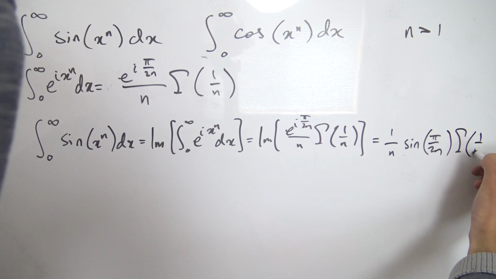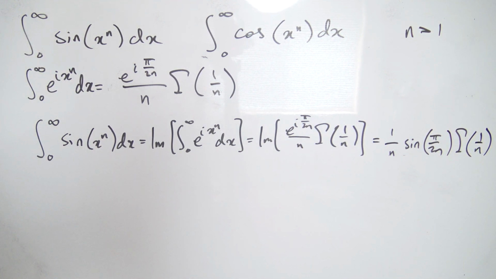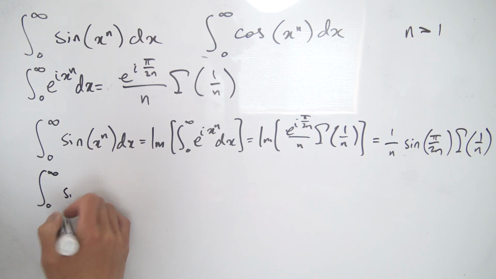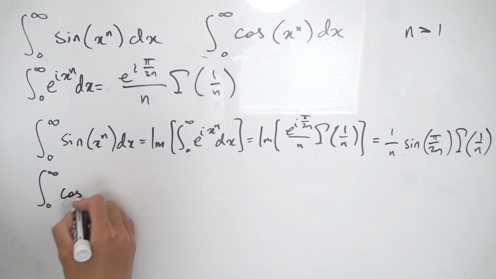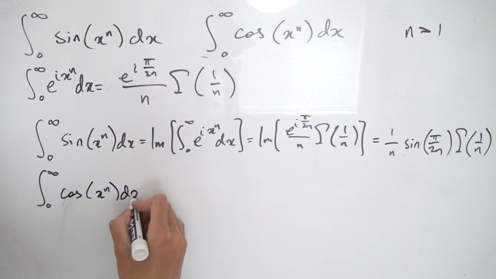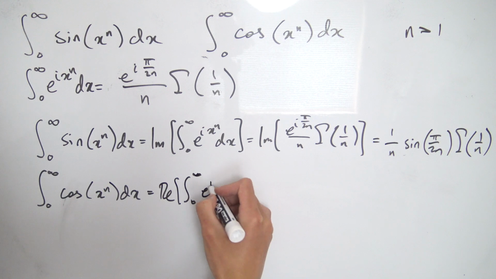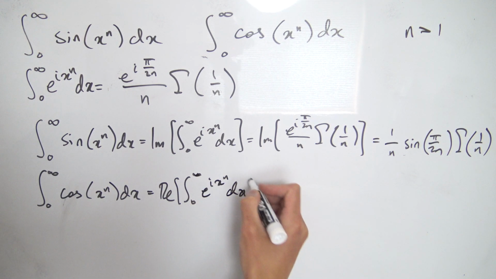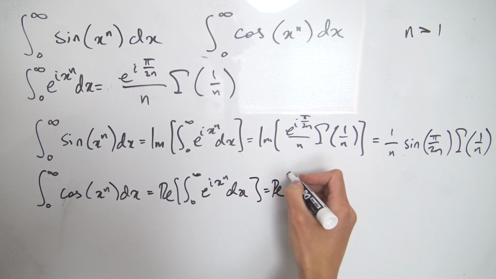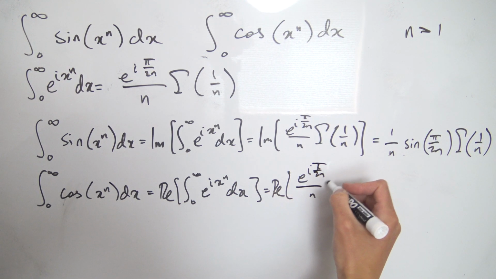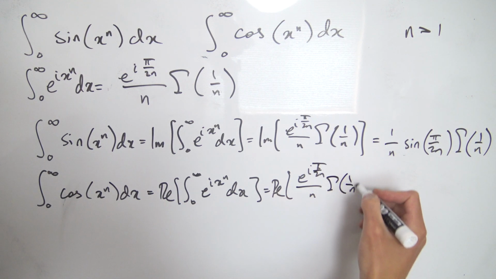And we can do the same thing for the integral of the cosine of x to the n. So the integral of cosine of x to the n dx is equal to the real part of the integral from 0 to infinity of e to the i x to the n dx, but that's the real part of e to the i pi over 2n over n times the gamma of 1 over n.